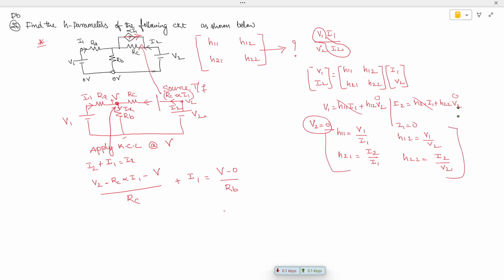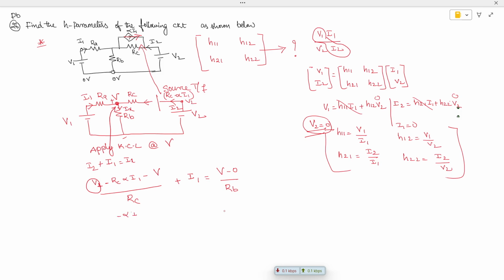So in this procedure, first what we are going to do is make V2 equal to 0, then we are going to find out these two. So that's why I am short circuiting this branch. When I short circuit this branch, I require the value of V now. RC will get cancelled.